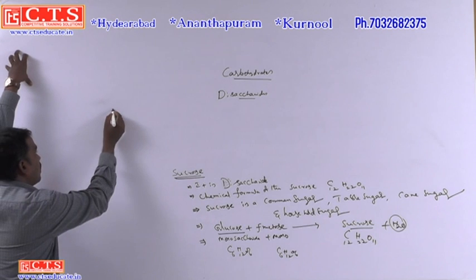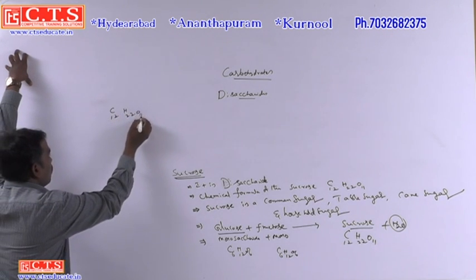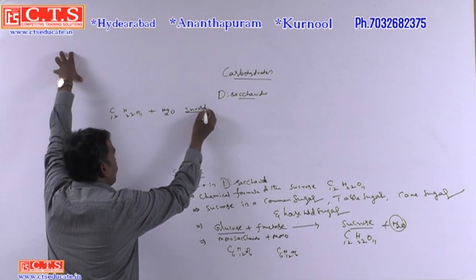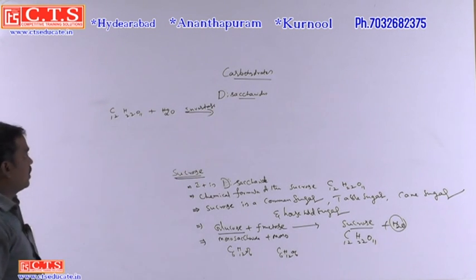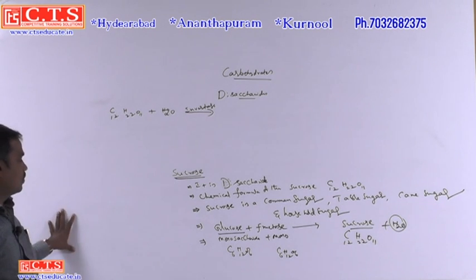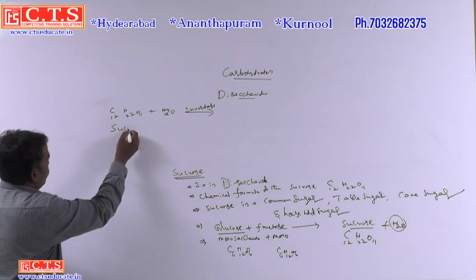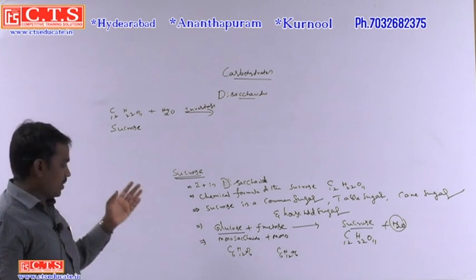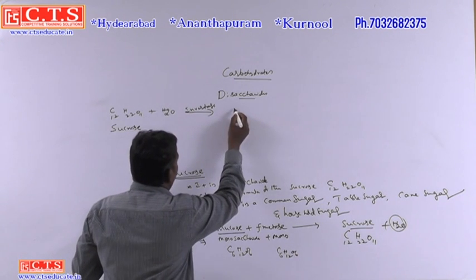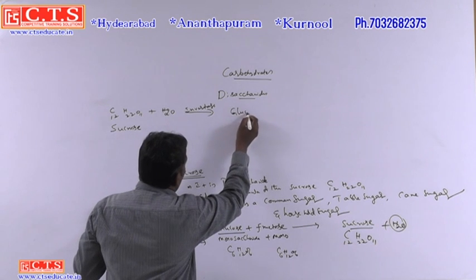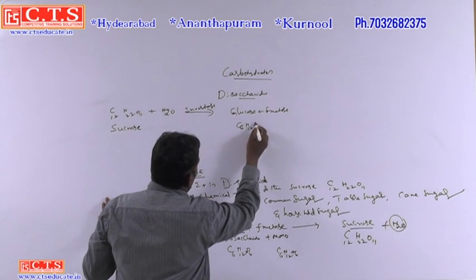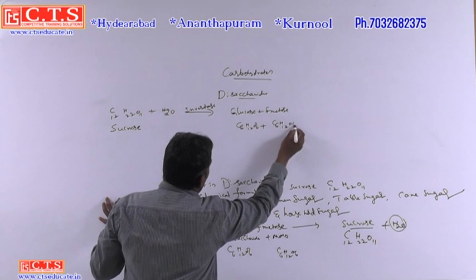For example, C12H22O11, sucrose, plus water molecule, dissolved in water in the presence of invertase enzyme, gives glucose plus fructose, C6H12O6 plus C6H12O6.